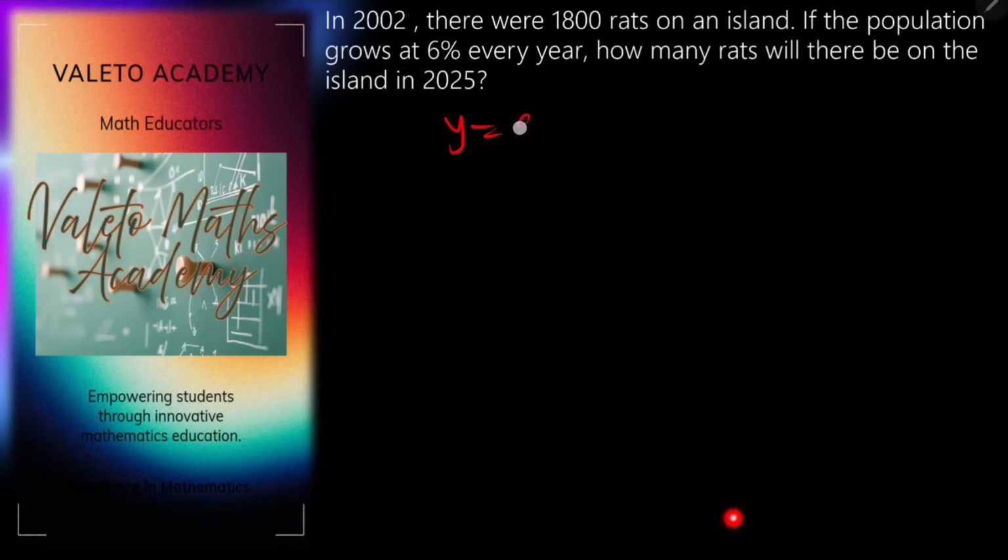So we could say y is equal to a multiplied by 1 plus r raised to power n, where a is equal to 1,800 rats, which is the initial population, and the rate is equal to 6%.